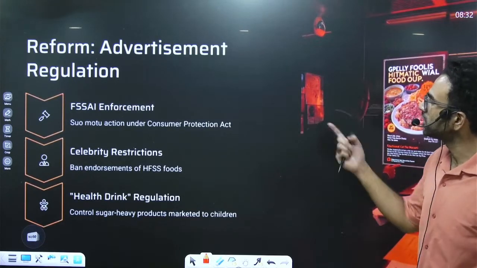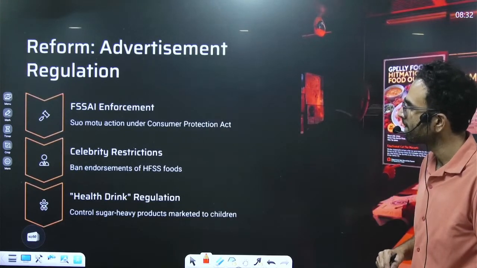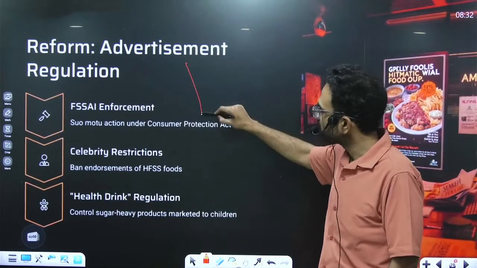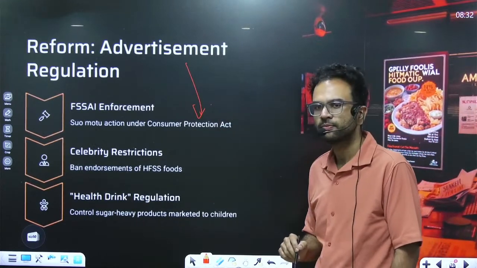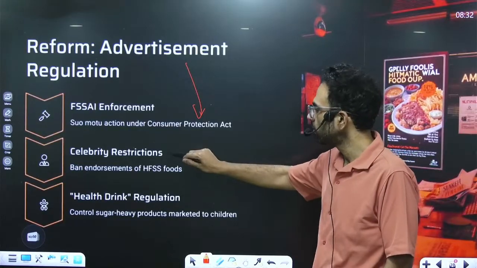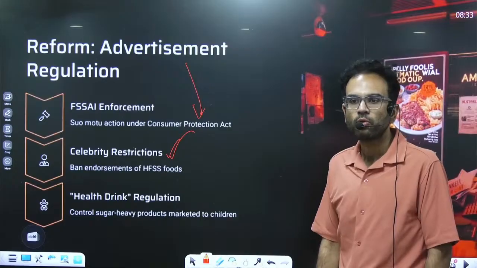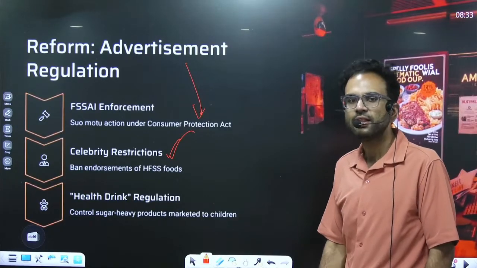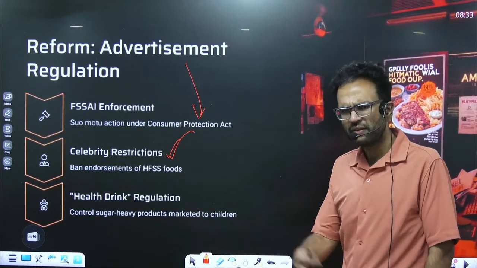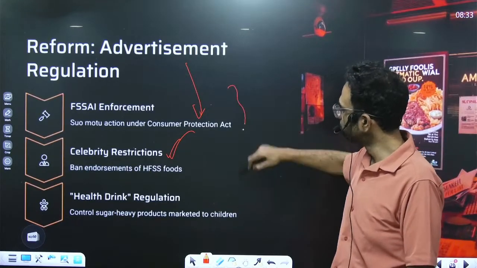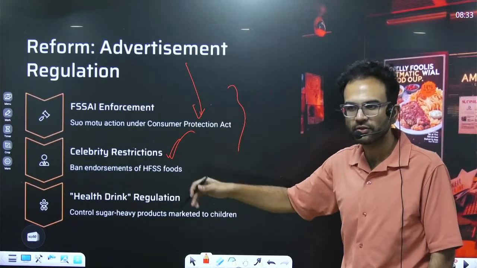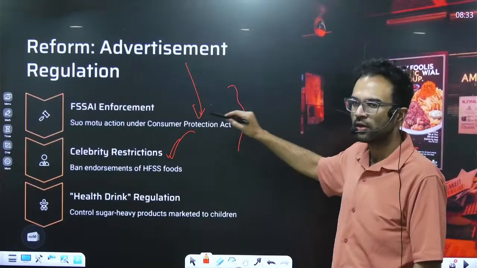In terms of advertisement regulation, you have to link FSSAI to the Consumer Protection Act. You have to restrict celebrities who are promoting these unhealthy foods. A very viral video of actors and actresses, let's say for example Alia Bhatt.